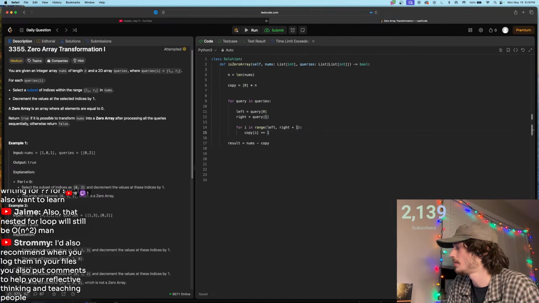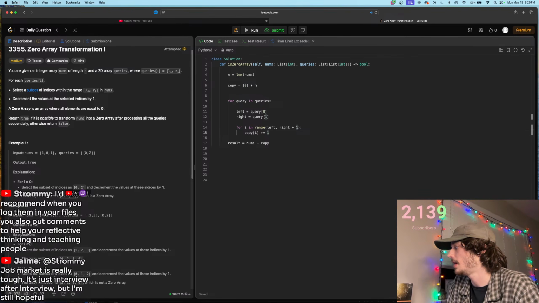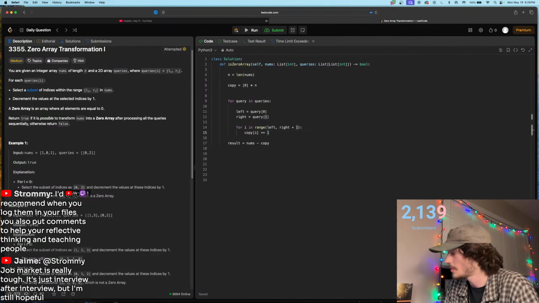I can loop through the queries and proportionally track the indexes of the queries along a dummy list of equal length to nums.